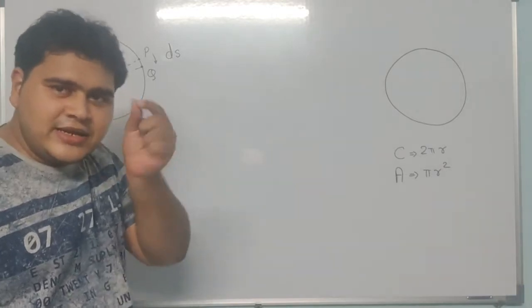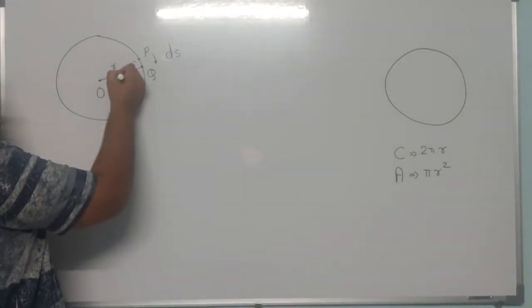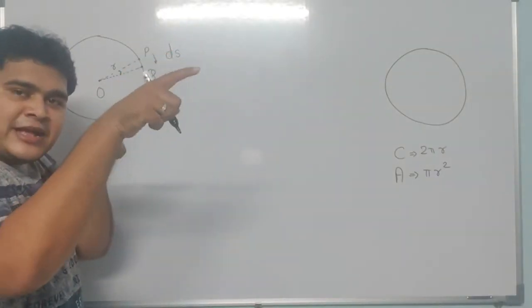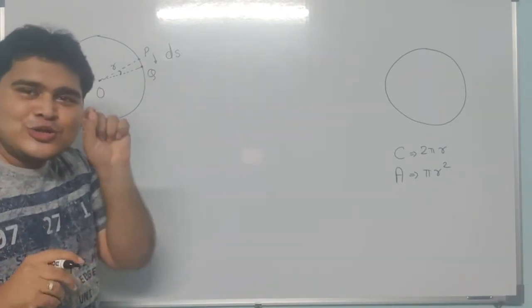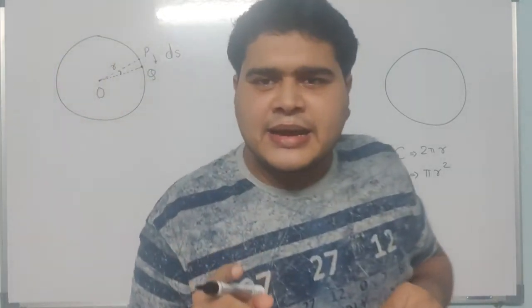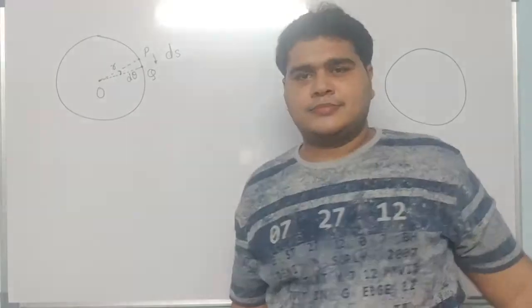A very, very tiny displacement. So can I say in that scenario, the angle which is made between the line PO and line QO, yes, that angle is also going to be very, very small. I guess the symbol which we use for the angle is theta, right? So can I call this angle d theta?